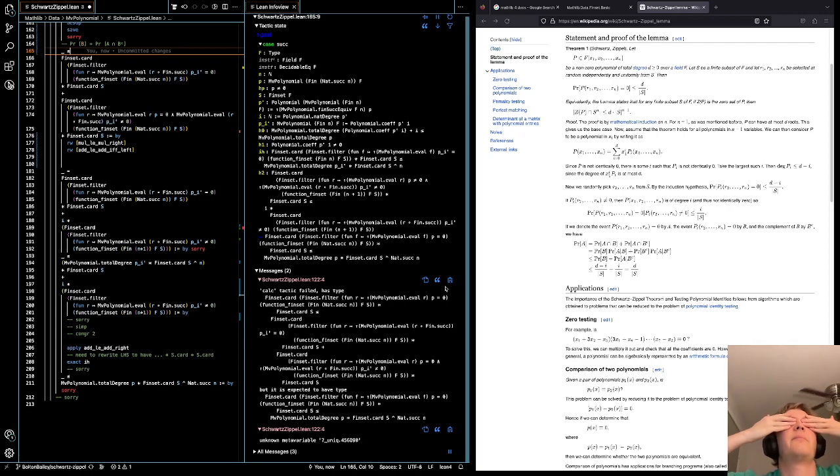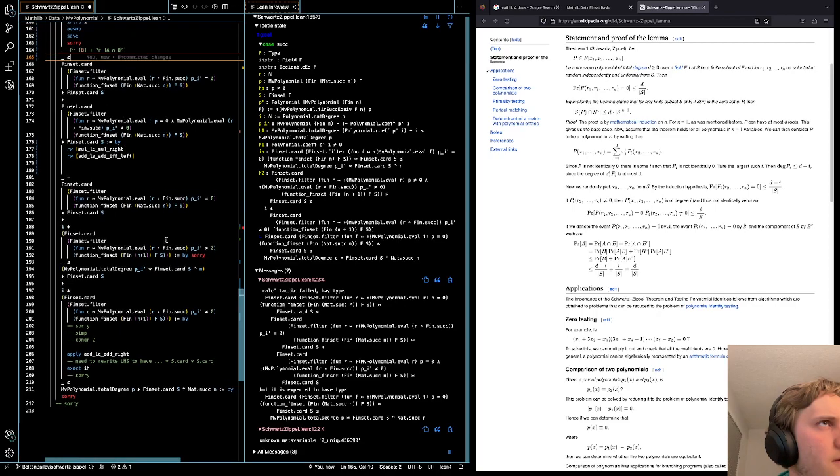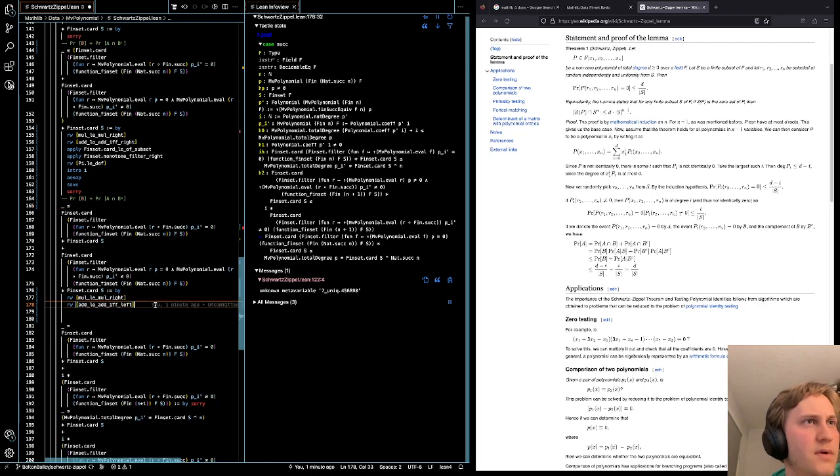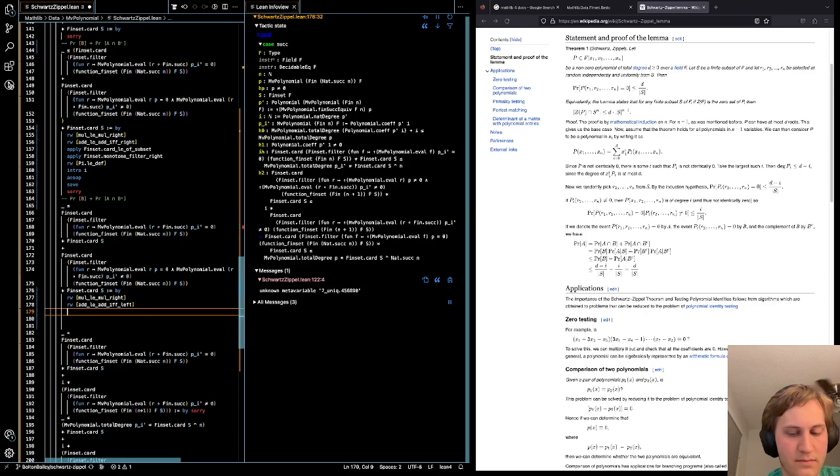Yeah, I need to remember everything is multiplied through by cardinality of S to the power of n or successor of n or something like that. Okay, that's okay for now though.